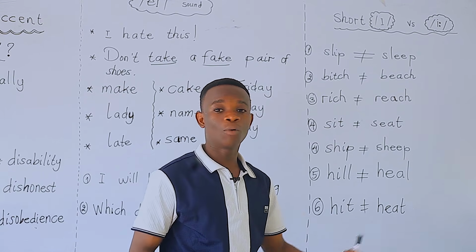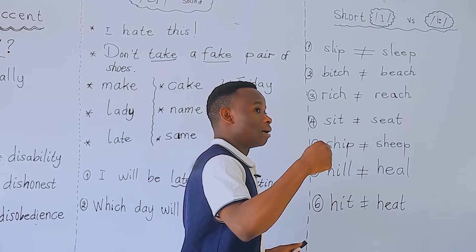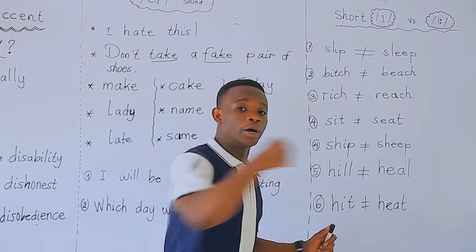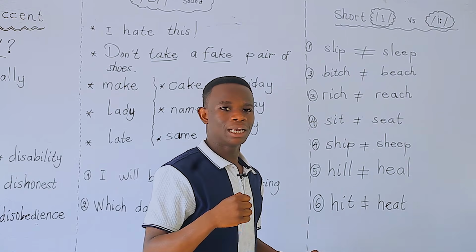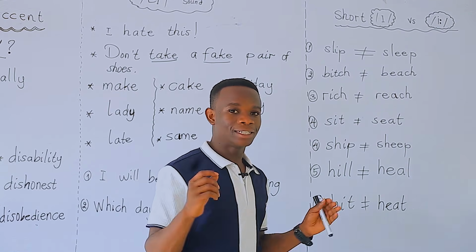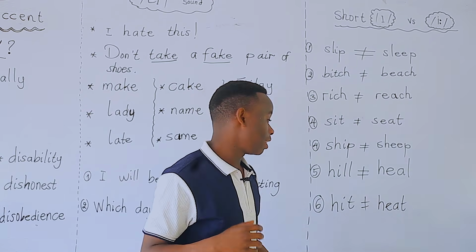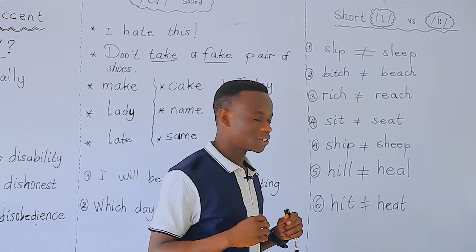You hit someone with your arm or something. You kick someone, or let's say you punch someone. You say you hit. Is that hit or heat? Let's say I hit him on the face, and then you say there is too much heat in this house.